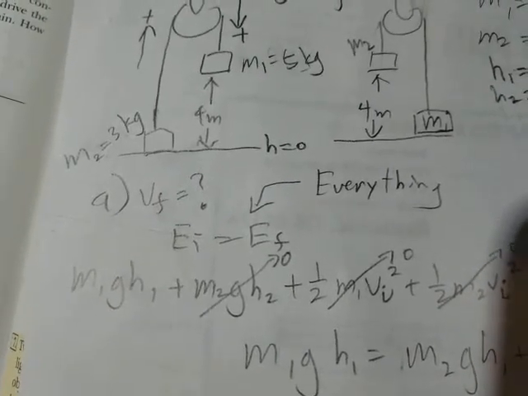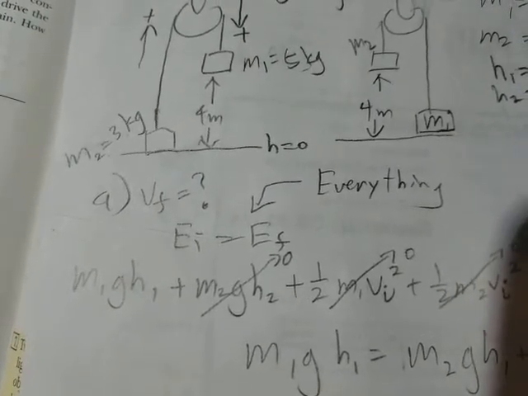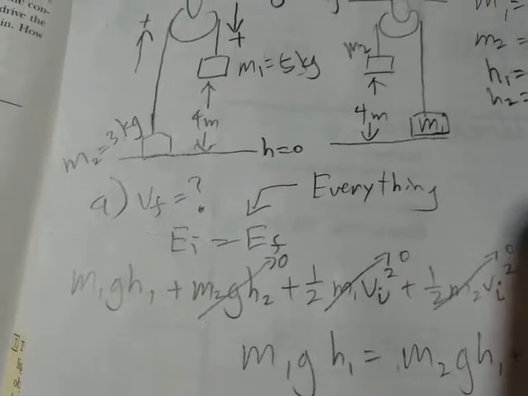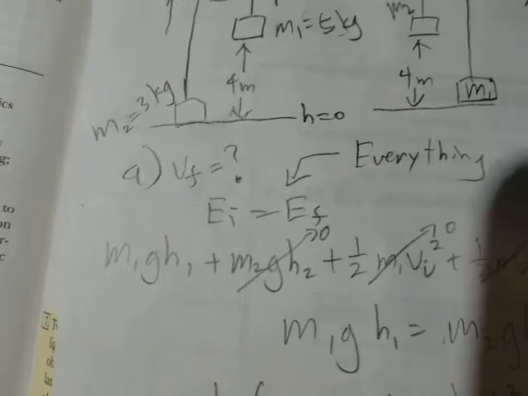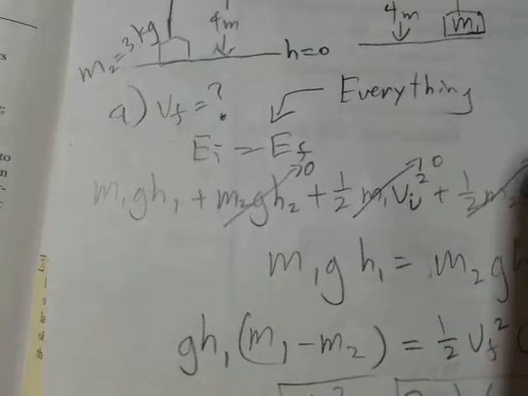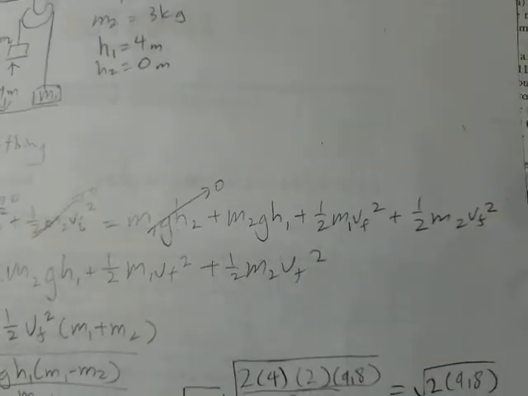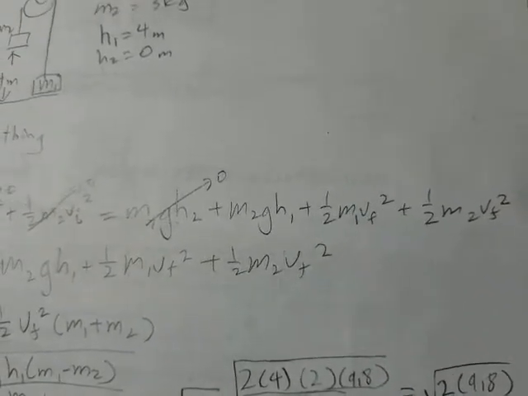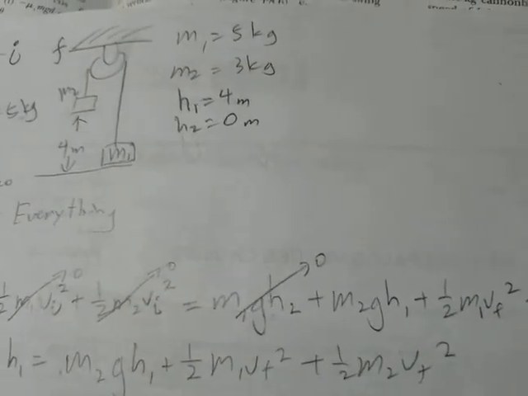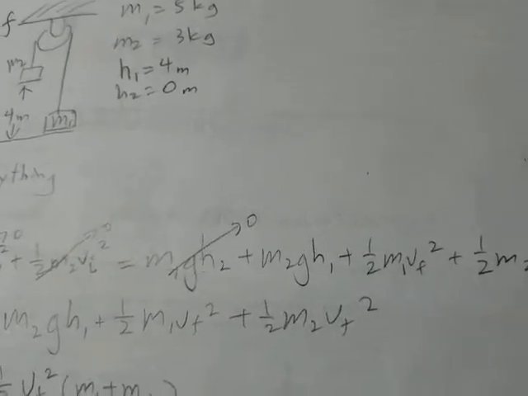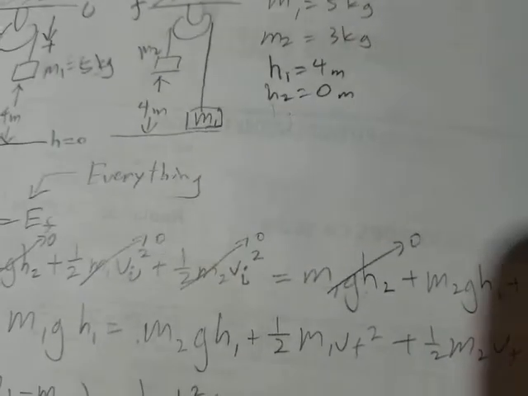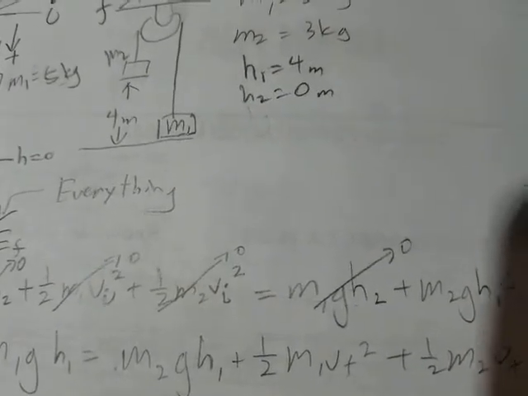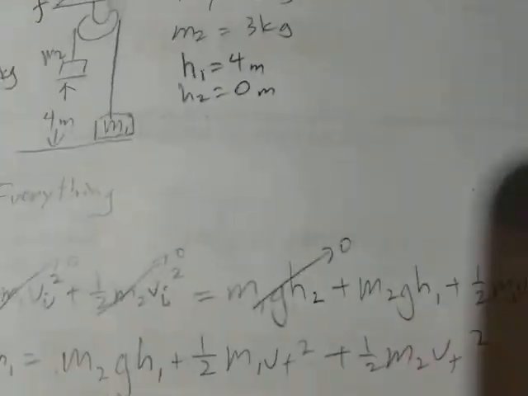And the height at M2, the initial height for M2 is 0, so that cancels out. So we're left with M1 g h1 on the left side. On the right side, I pretty much just wrote all the components at the final, and at the final, M1 g h1 with the height is 0 meters, m2 g h2 equals 0 meters.